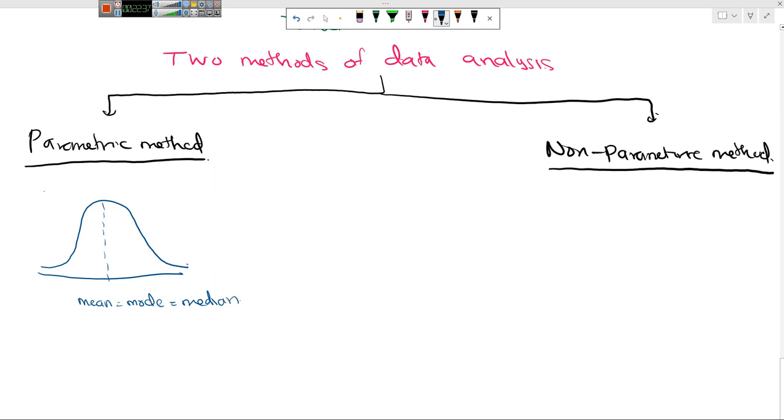Parametric methods have a lot of assumptions, but in non-parametric methods we have fewer assumptions. Here we have a lot of assumptions. One of the assumptions is that the data set is normally distributed.